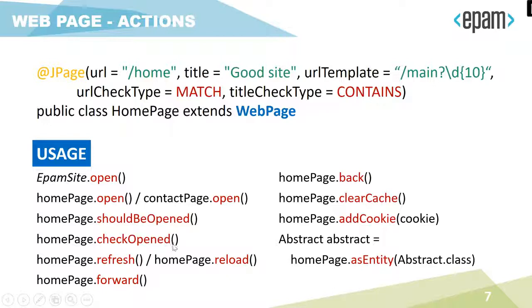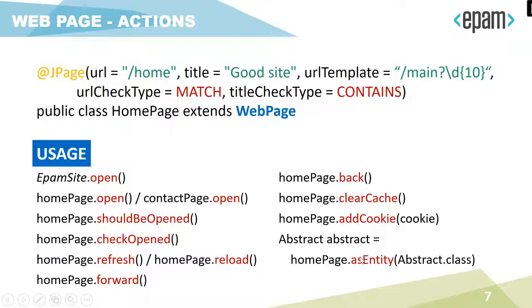We can check whether it is opened, and if not, we will throw an exception. We can do all stuff related to pages like refresh, forward, reload, back, and do some things with cookies, which are placed in WebDriver in Selenium. And here, this has access directly from the home page.